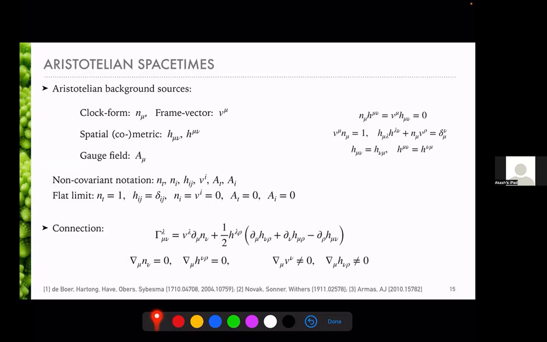Yes, I'm defining the flat space like this, but you should think of v as some background velocity, or rather the velocity of the observer who is observing the system. Just like h_ij is the spatial metric of the background or of the observer, or whatever the system is coupled to, similarly v should be thought of as the velocity of the observer.